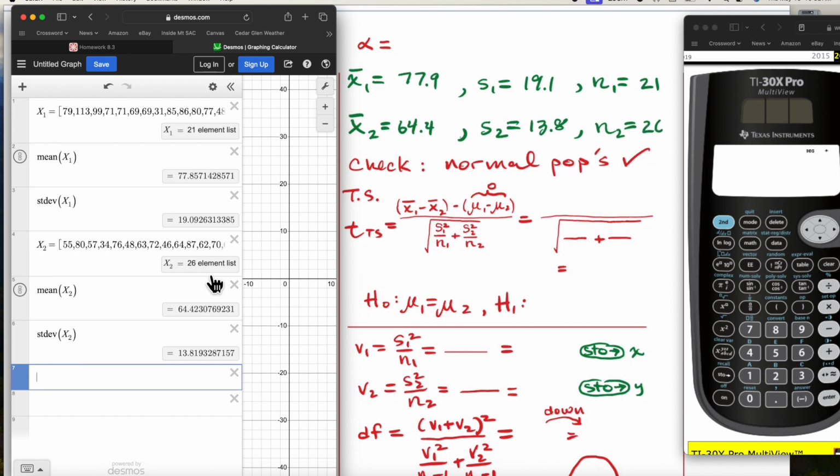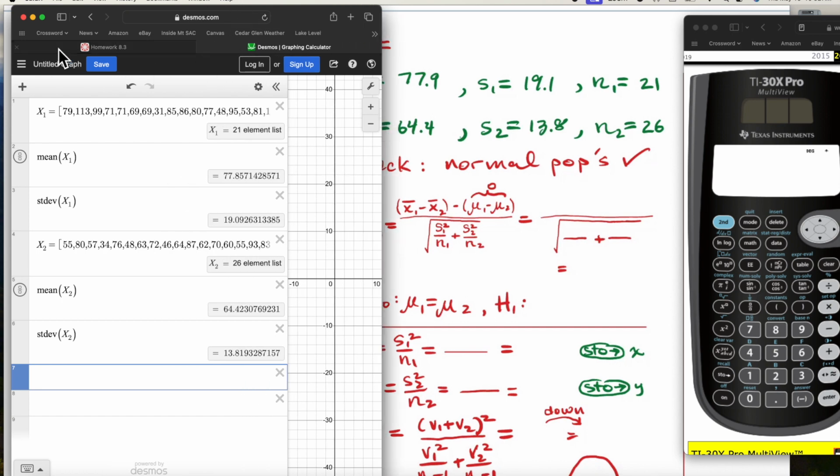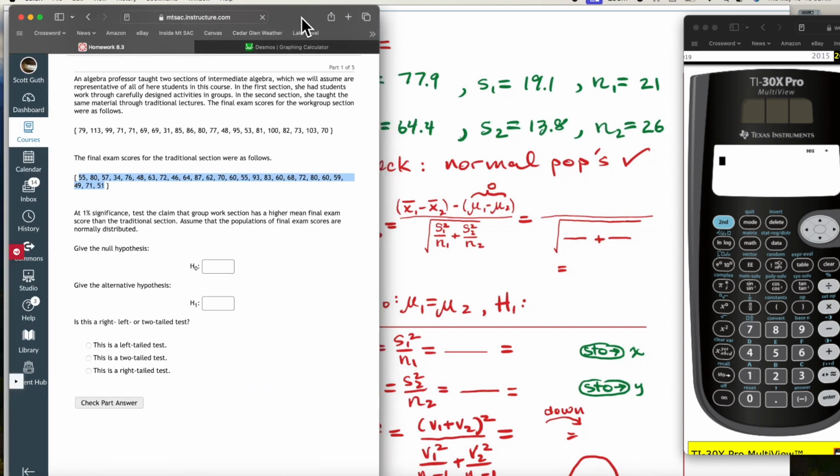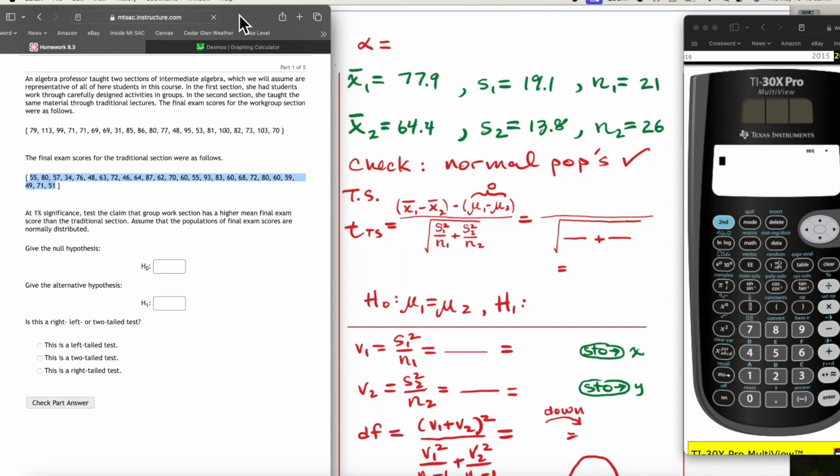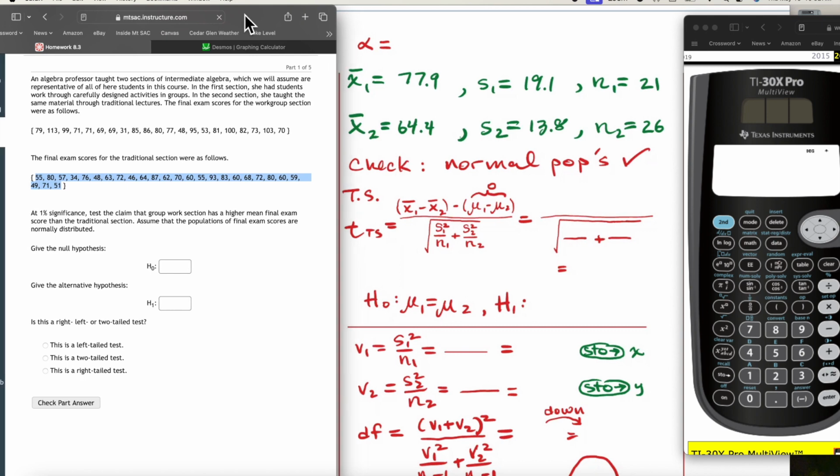Okay, so again, those are a little small, less than 30. So I hope they'll tell us that this is from a normal population. We'll see that in a second. So back to this. Okay, so it says at a 1% significance level.